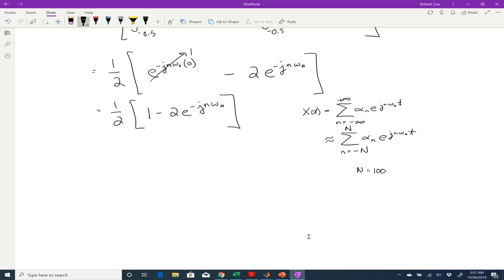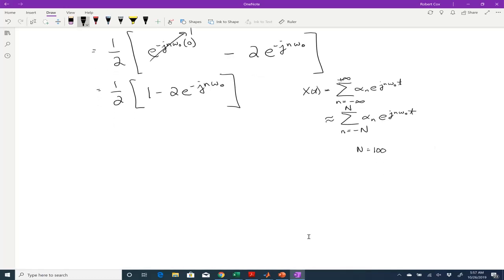Okay? So what my MATLAB code would do is have a for loop that says for each n, I would compute alpha n, then compute alpha n e to the j n omega naught t.